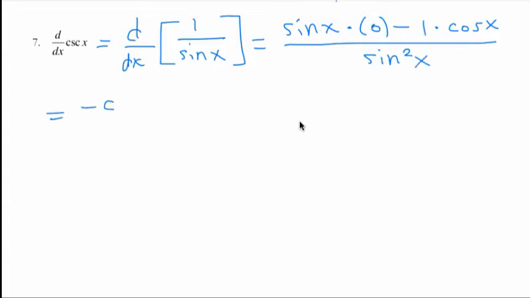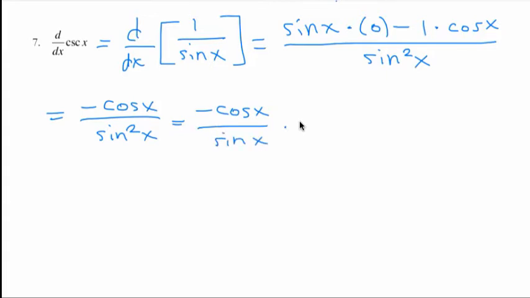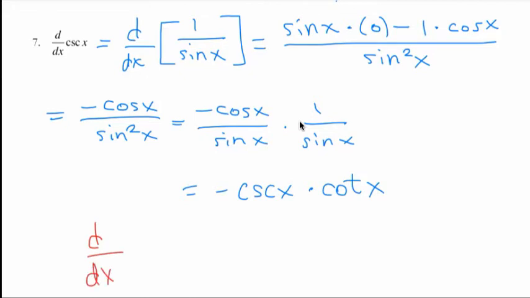So the top is negative cosine x over sine squared. We'll split that up in a similar fashion, and we'll rewrite that as negative cosecant cotangent. So this also deserves a box, and we say the derivative of cosecant x will be negative cosecant cotangent.